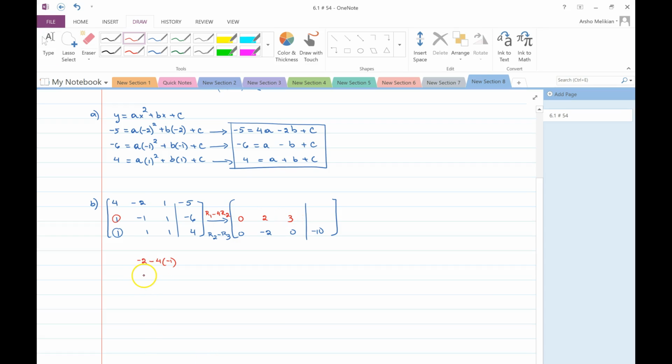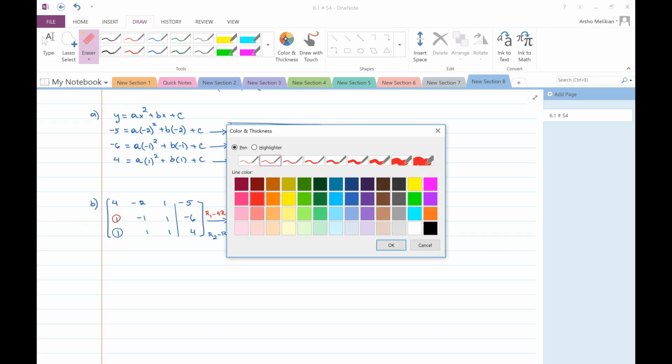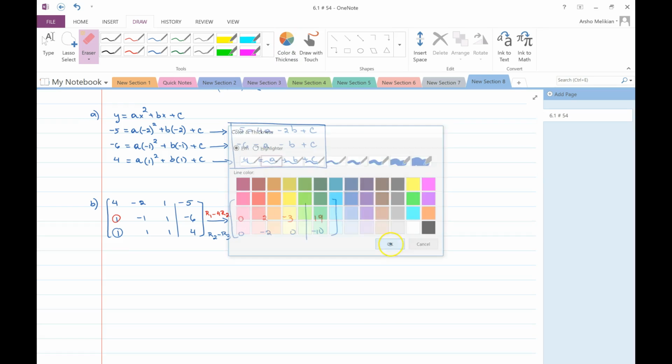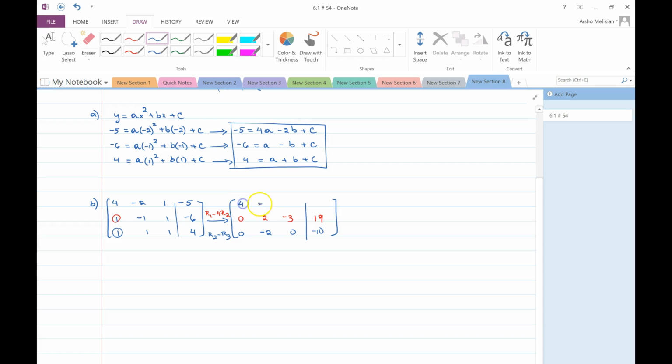No, it'll be negative 3, you're right. So then R1 for the last constant minus 4 times negative 6, that's negative 5 plus 24, 19. Let me write the last row back. I get 4, negative 2, 1, negative 5.